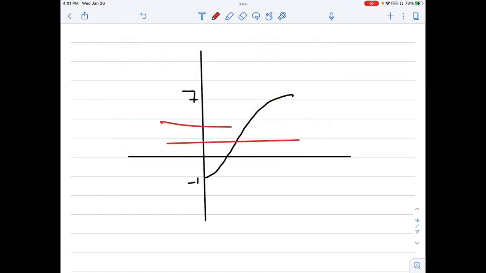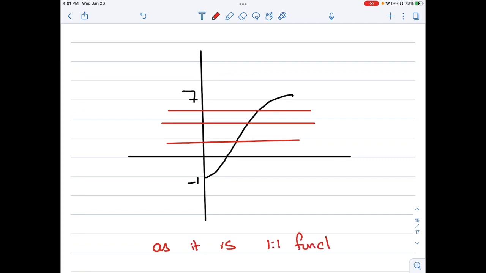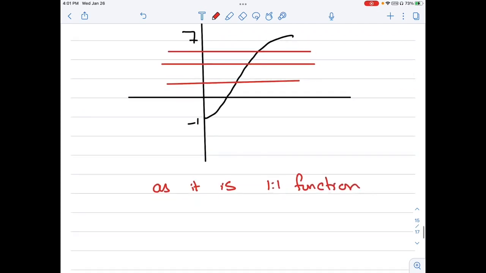If you draw a horizontal line, it intersects at only one point. So as it is a 1-1 function, it has an inverse. Only 1-1 functions will have an inverse. That is the answer. Now we shall go to the next question.